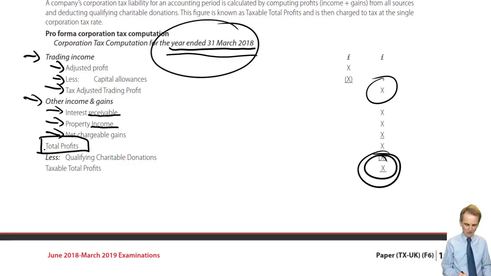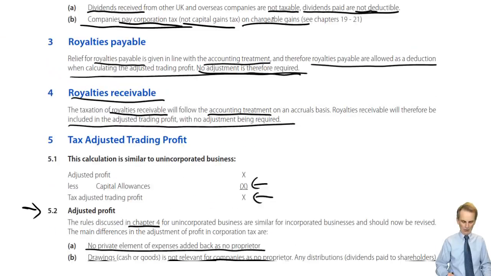And it's against those total profits and before the deduction of those donations that the loss would be applied. So automatically, if you've got a property income loss, an excess of expense over income, then that loss goes against total profits. And total profits, as you can see, is before the deduction of qualifying charitable donations there.